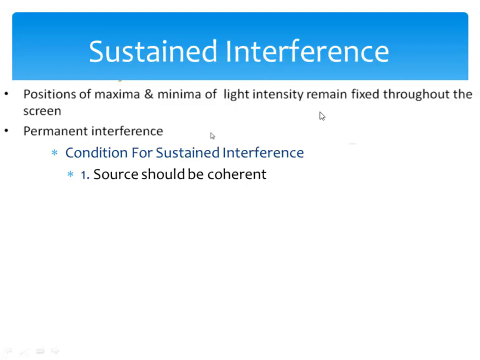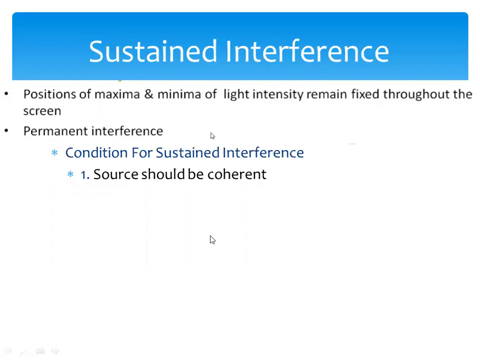This is how the fringes are captured on the screen. So it is permanent interference. Interference happens continuously, so continuous bands will be created. What is the condition for sustained interference? That is what we are going to see next.